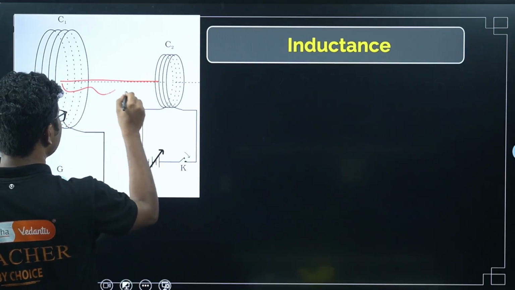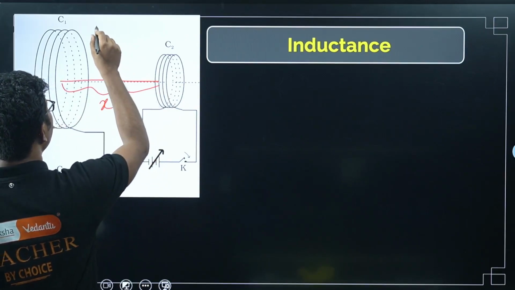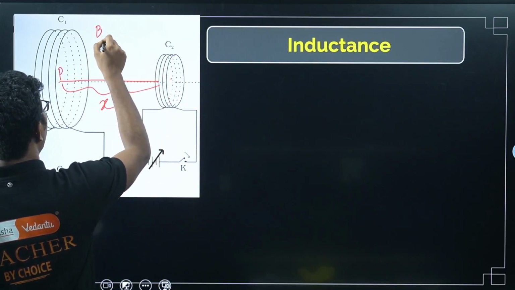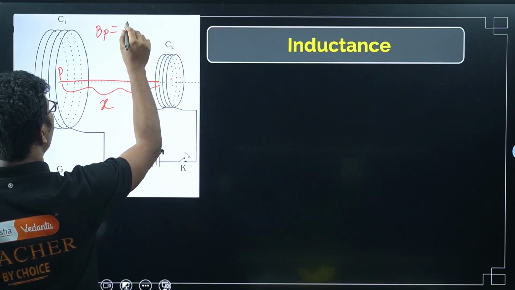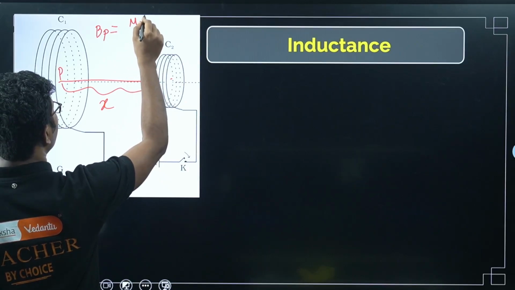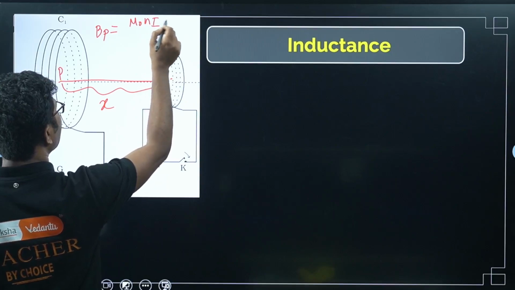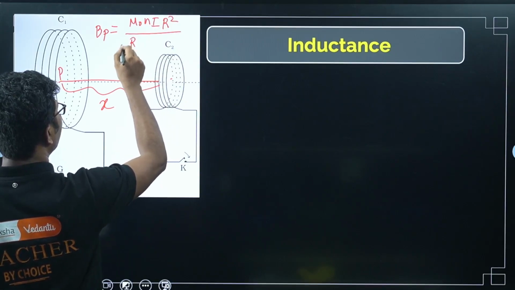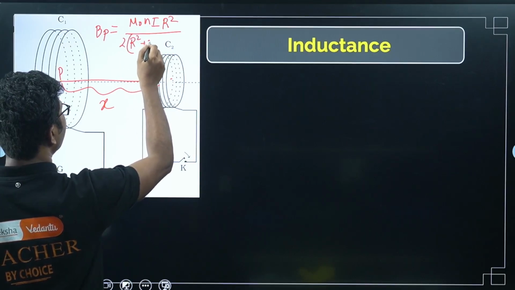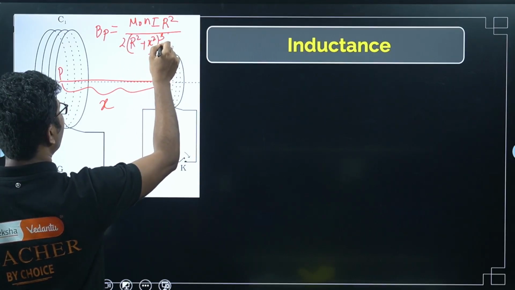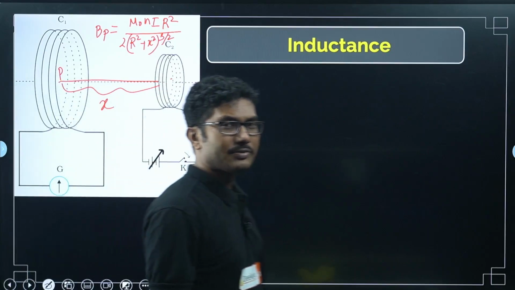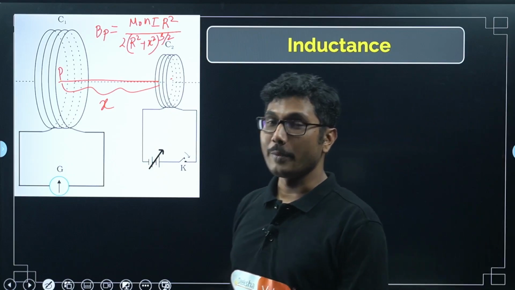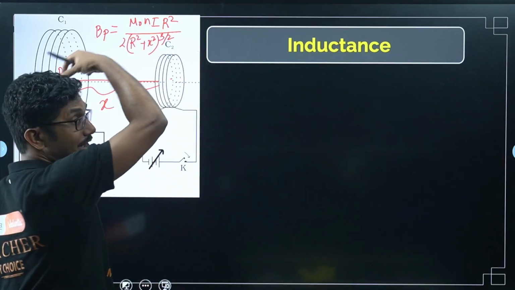Then we know that there will be a magnetic field due to this coil at this point P, and that field is given by mu naught N i r square divided by 2 times (r square plus x square) to the power 3 by 2. I hope you have remembered this formula so far, because this formula is being used so many times. So I think you have already understood this formula.